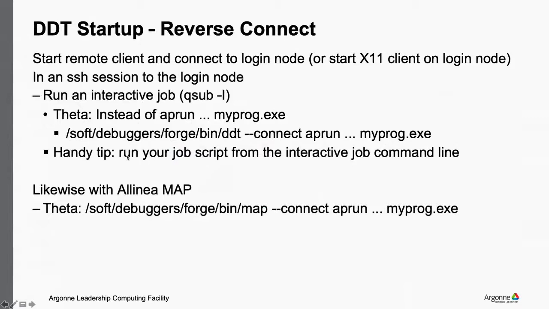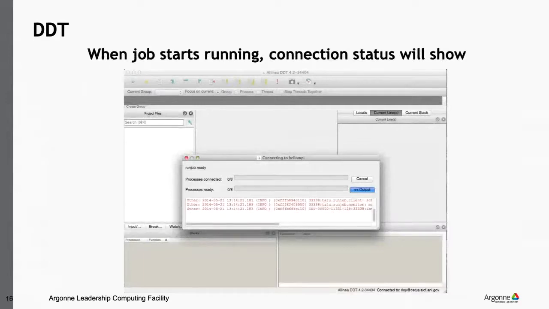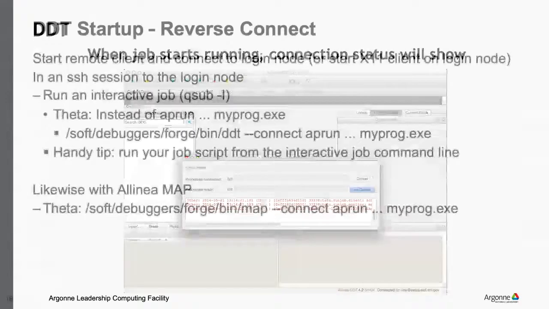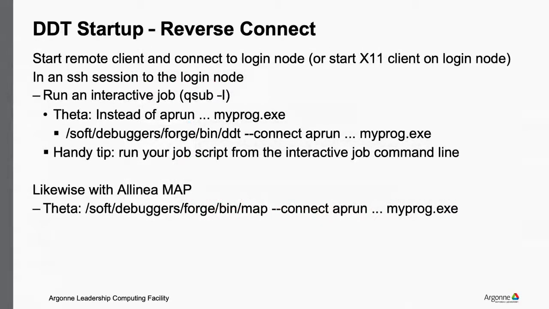And what happens is when that starts up, the wrapper here of DDT will look in your file system. When your remote client connected, it left a little cookie or something in your home directory. And this will find it, and it will know how automatically. It's like magic. When this runs, it will just pop up a little window saying, hey, this parallel program is running and wants to connect.